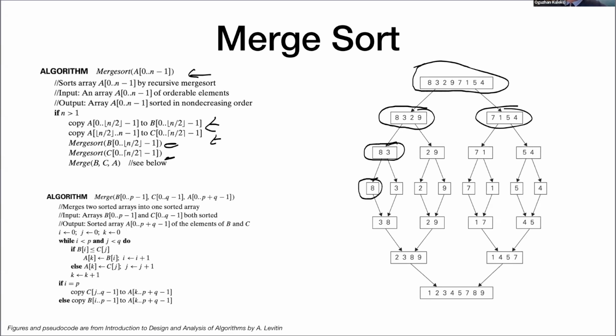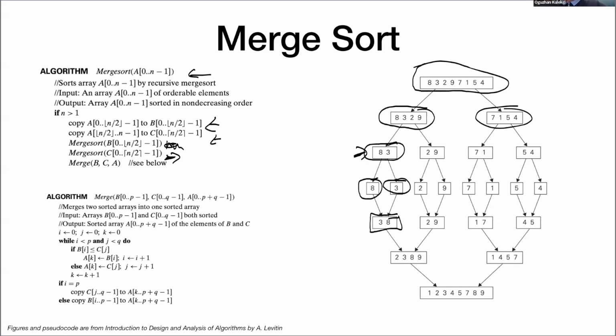And once this is just 1, okay, now I'm done. So this part for the parent is done, the left child is done for this parent, and I will call the right child, and now it's done. So once these two are done, I can do a merge operation. Merge 8 and 3. So this will give me that one.